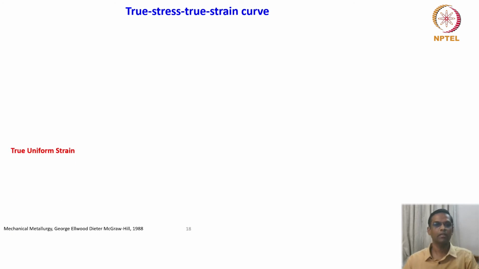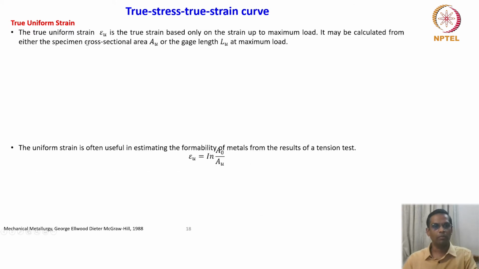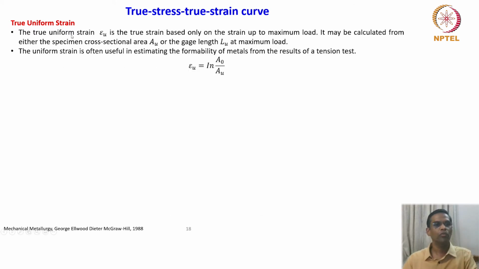True uniform strain. Very important parameter. What is that? The true uniform strain epsilon U is the true strain based on the strain up to the maximum load. It may be calculated from either the specimen cross-sectional area AU or the gauge length LU at the maximum load. The uniform strain is often useful in estimating the formability of metals from the results of a tensile test.